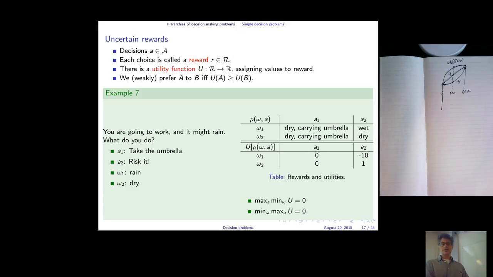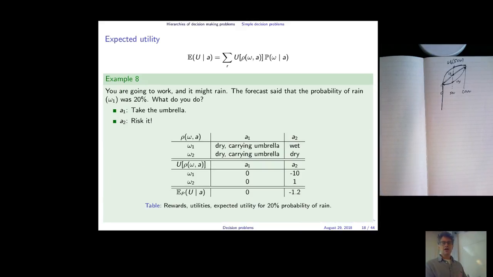So we use probabilities here. We can say that we have, let's say, 0.2 probability for rain. In which case, if we don't take the umbrella, then with probability 0.2 we have a minus 10, and with probability 0.8 we have a utility of 1.